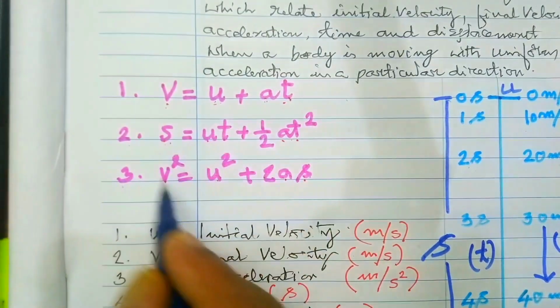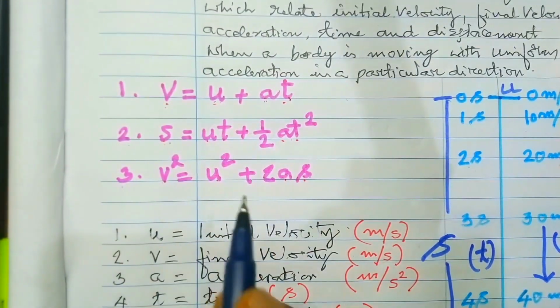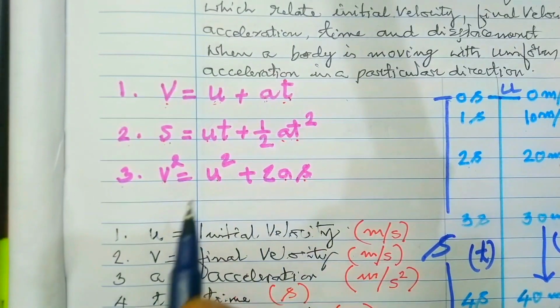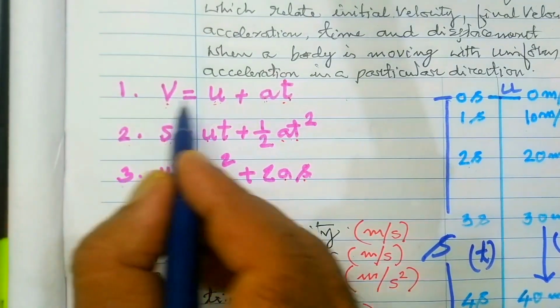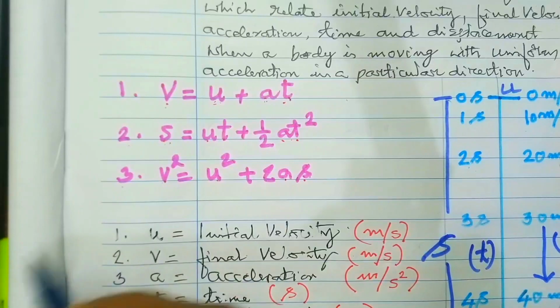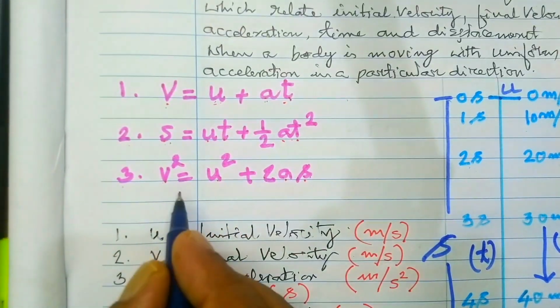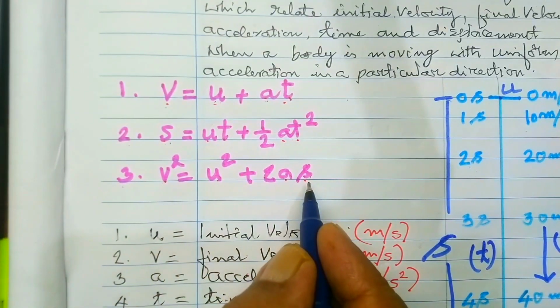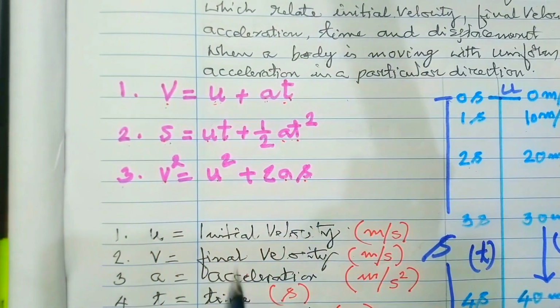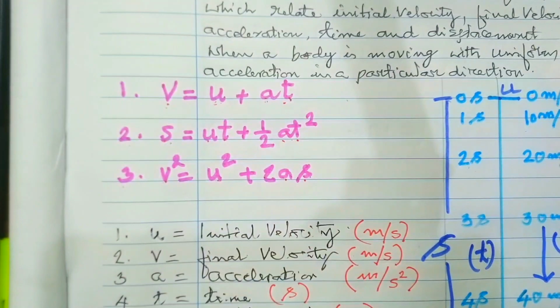Means in each equation 4 quantities are there and 1 quantity is missing. In the first equation s is missing, in the second equation v is missing, in the third equation t is missing.